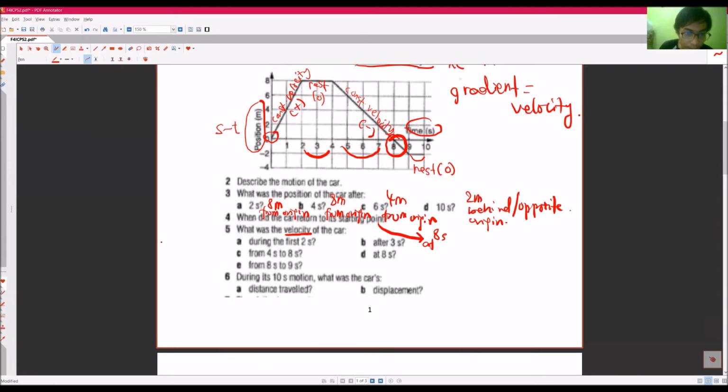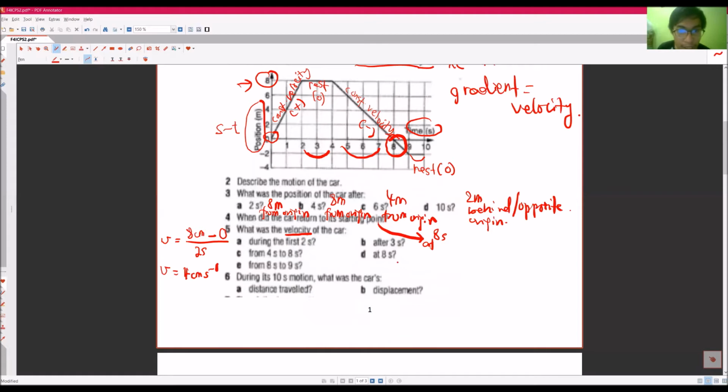The formula for gradient is y2 minus y1 over x2 minus x1. So y2 is 8 cm minus 0 divided by 2 seconds. So we get 4 cm s^-1. So that's the A question.